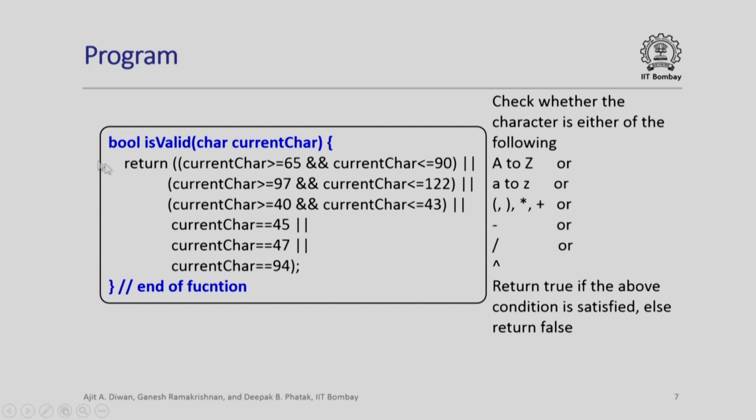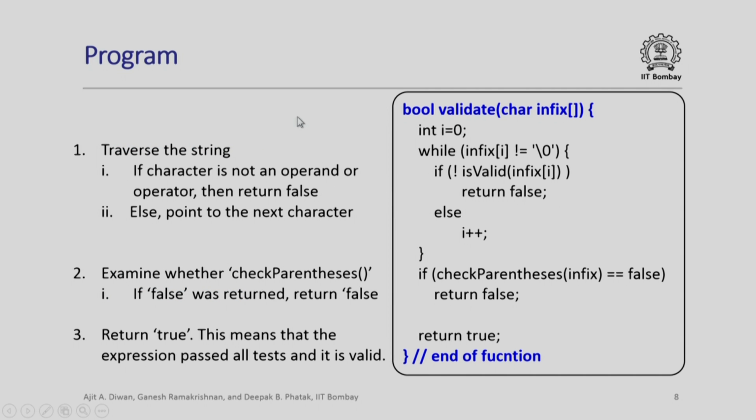In short, is valid will check every character in the expression and will confirm that it is either a valid operator or a valid operand. Once again, please note that we are presuming that our operands are variables with single character names, a to z, A to Z.